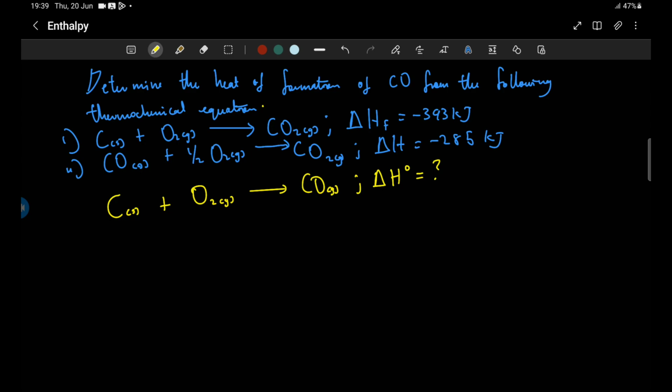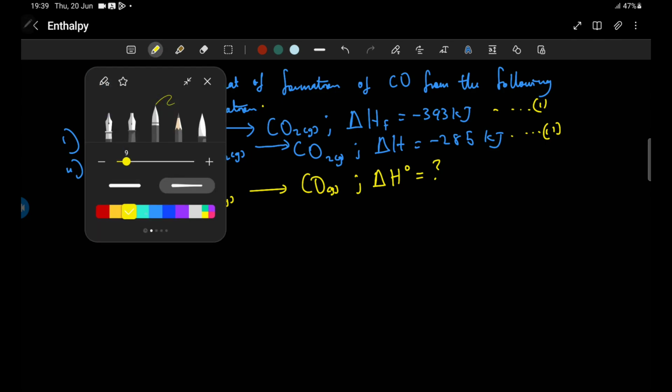Now we'll name this equation 1 and then equation 2. We'll reverse equation 2. Now we do this so that we can add both equations. So let's reverse equation 2 and see what we will come up with.